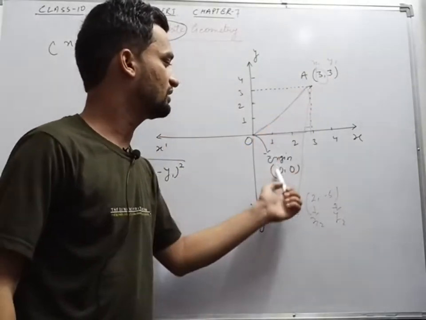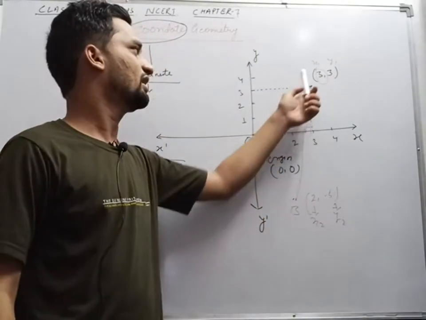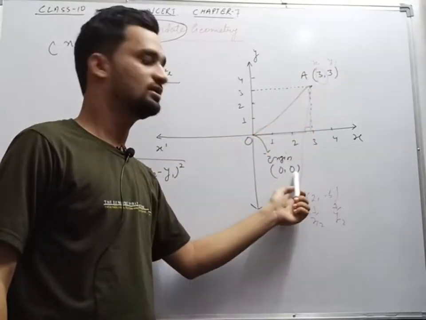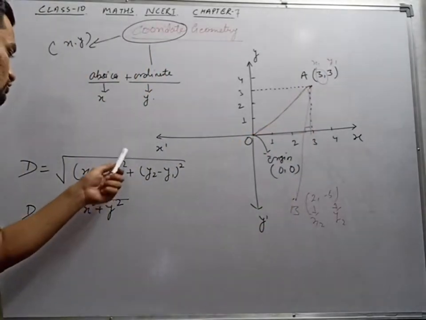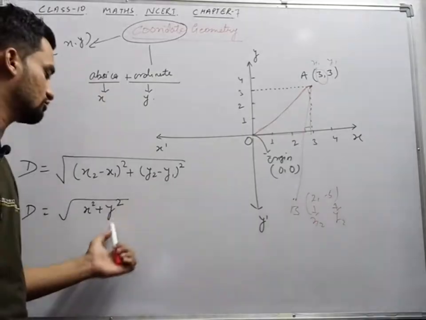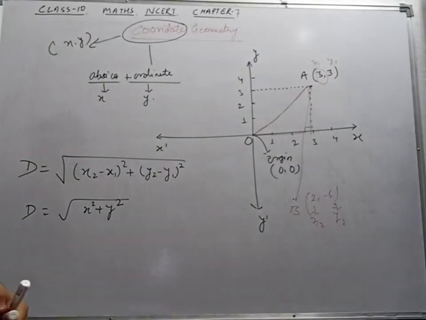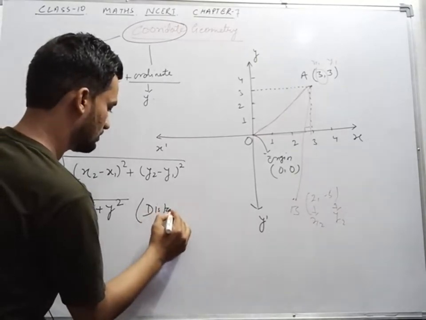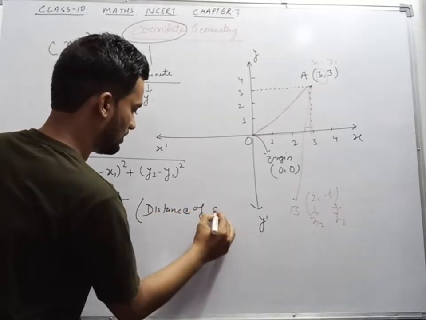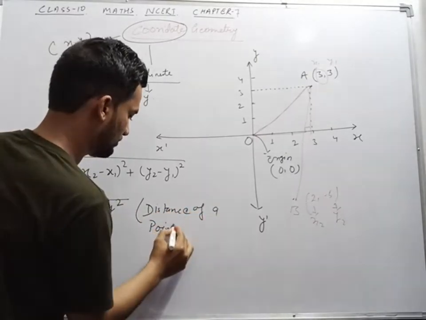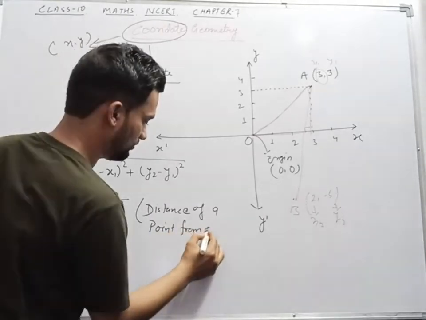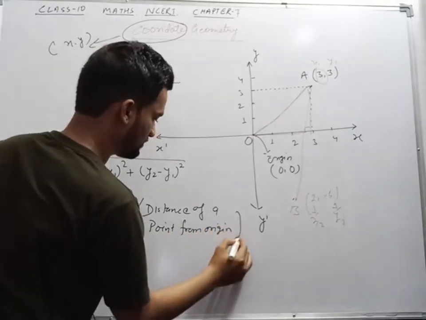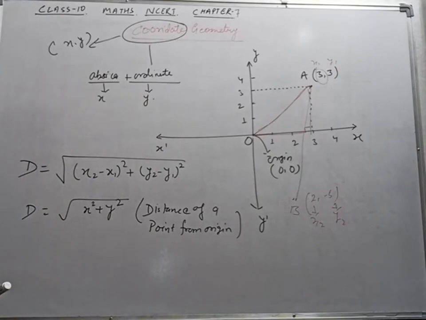So x minus 0 is x only, so we take the point as x, y and the origin as 0, 0. So x minus 0 whole square is x square, y minus 0 whole square is y square. So the distance of a point from the origin is root over x square plus y square.